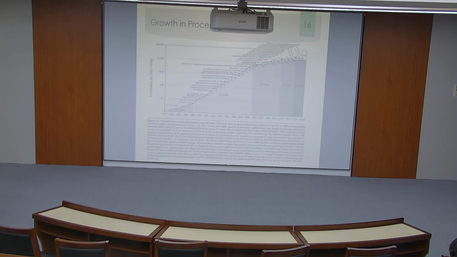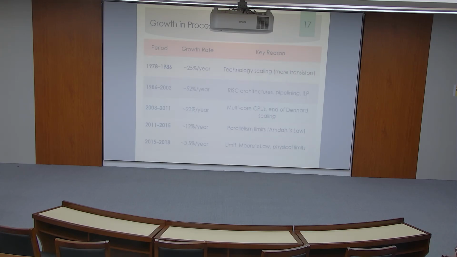Between 1986 and 2003, we had 52% improvement per year. This was due to RISC architectures as well as pipelining. Pipelining means that each core is able to perform different tasks and execute many instructions in the same clock cycle.